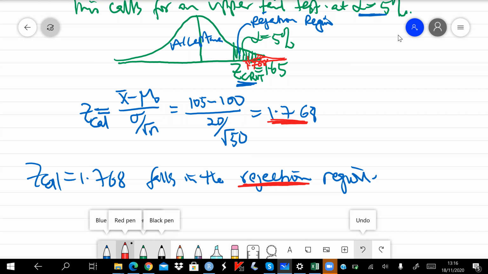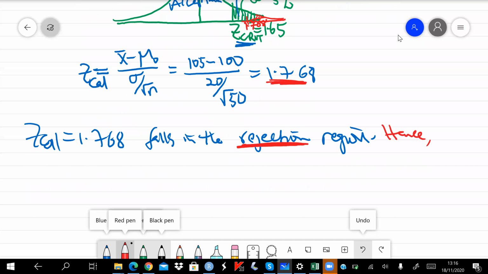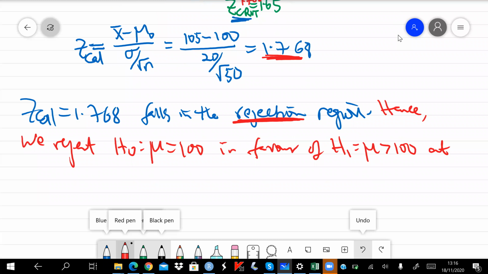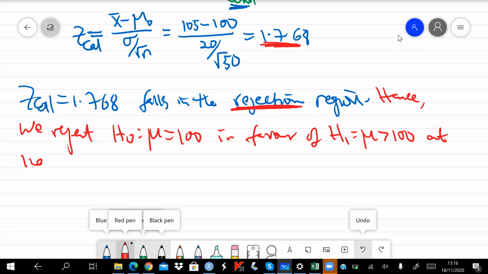You reject it. So hence, we reject the null hypothesis H naught that mu is equal to 100 in favor of the alternative hypothesis H1 that mu is greater than 100 at the 5% level of significance.